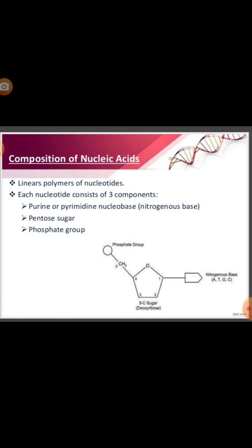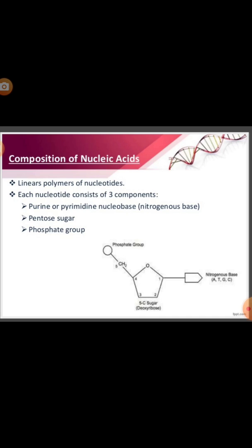Next slide is composition of nucleic acid. As I already told you, nucleic acids are DNA and RNA. These are polymers made up of monomers.